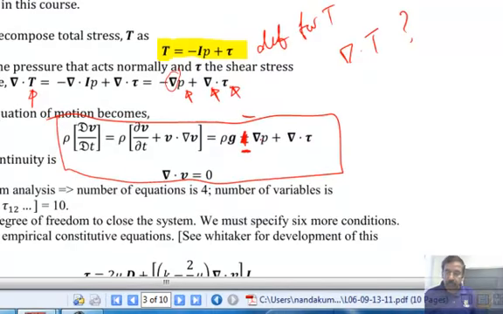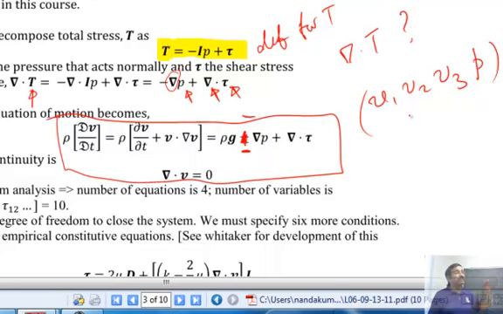But how many variables do we have? If you count the number of variables and number of equations, we have a problem. We are going to treat density as a property. It's given. It's a constant. But we have V1, V2, V3, and P, the three velocity components and pressure, that appear in this equation.